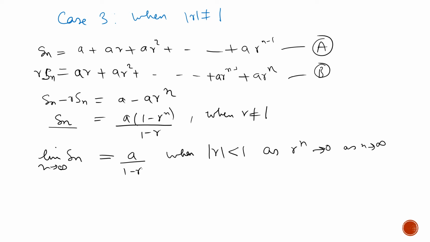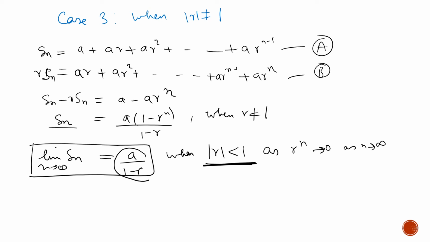So you find that when mod of r is less than 1, then the nth partial sum goes to this limit. So this implies that the infinite series will also converge to this value.